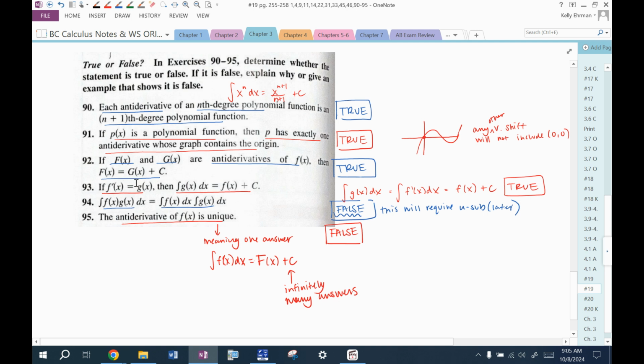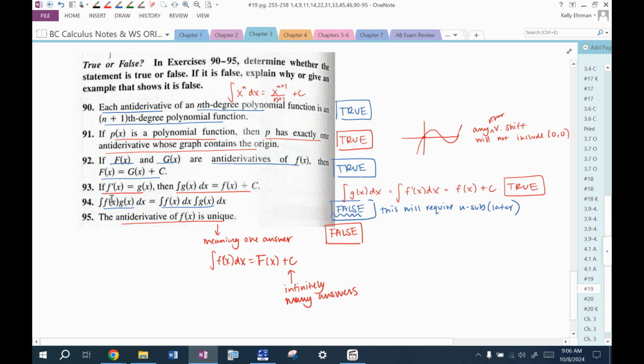If f prime of x equals g of x, then the integral of g of x equals f of x plus c. So I did some work over here. The integral of g of x dx, I just swapped out. They said g of x is equal to f prime, so that's what I did there. And I did that on the previous two problems. The antiderivative of the derivative of f of x will leave you with f of x plus c. So that's true.